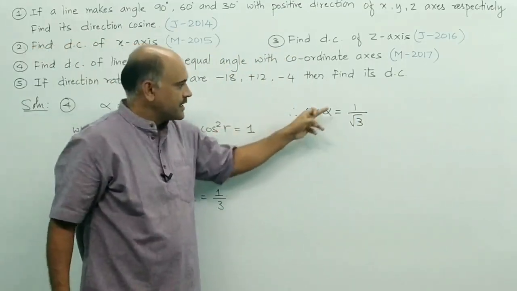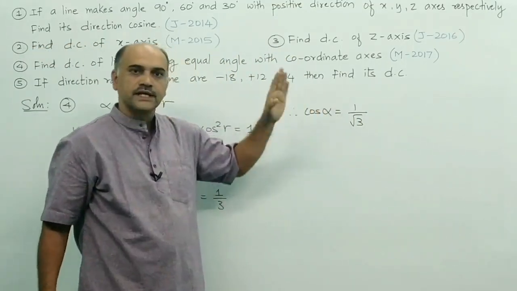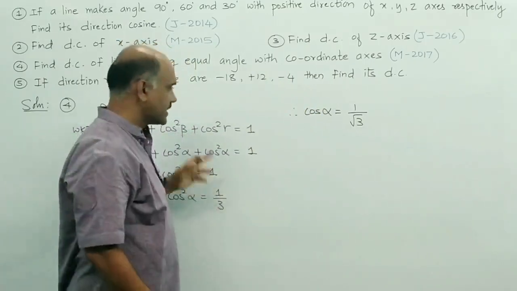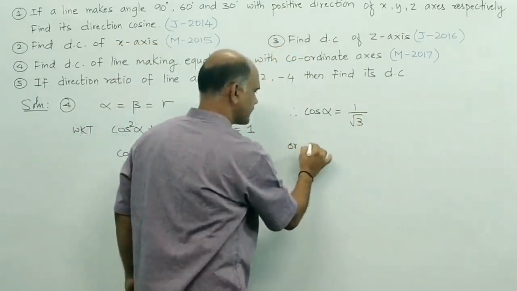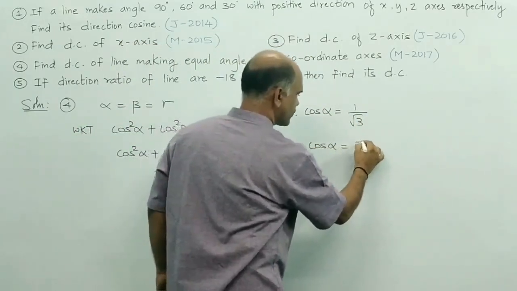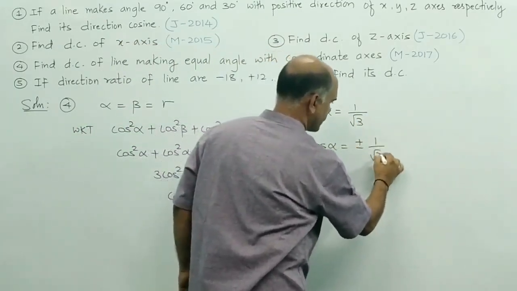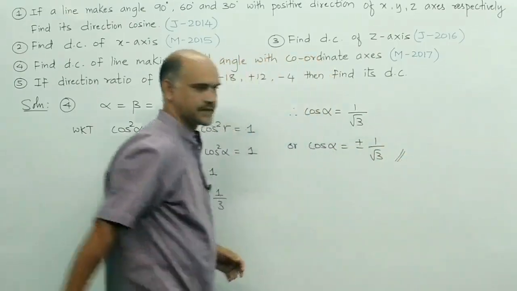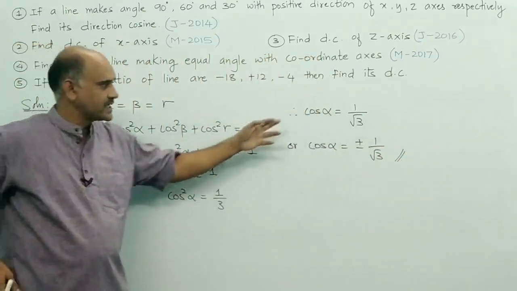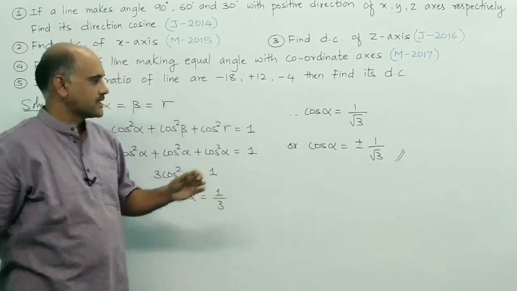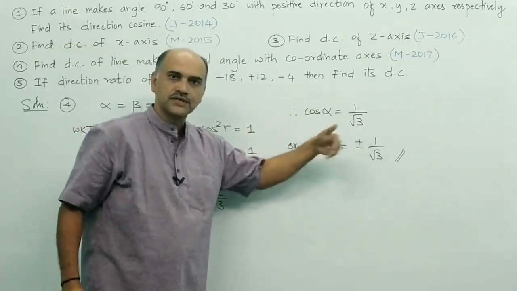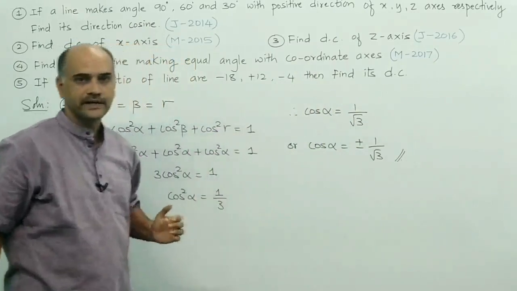Now, even if you write 1 by root 3, it is correct. Else if you take the square root, if you write cos alpha is equal to plus or minus 1 by root 3, this is also correct. Or even if you take minus 1 by root 3, it is also correct.